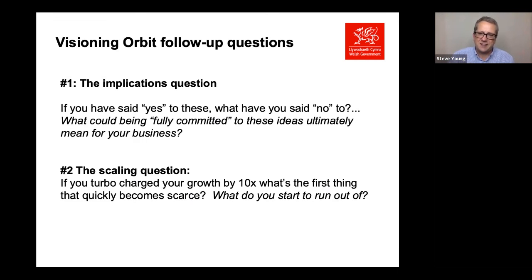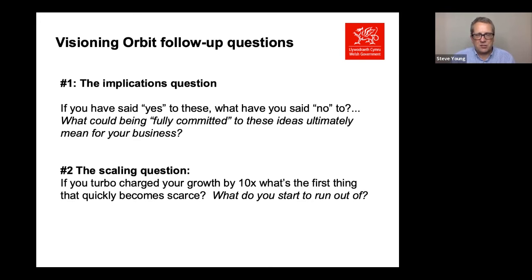If you said yes to that, what have you said no to? Maybe you've said no to exporting. Maybe you've said no to that product development or that strategic alliance. What have you said no to?